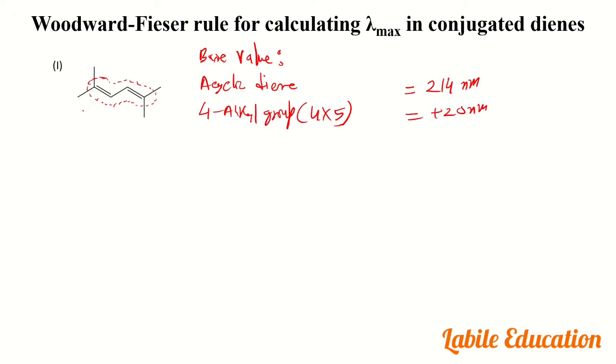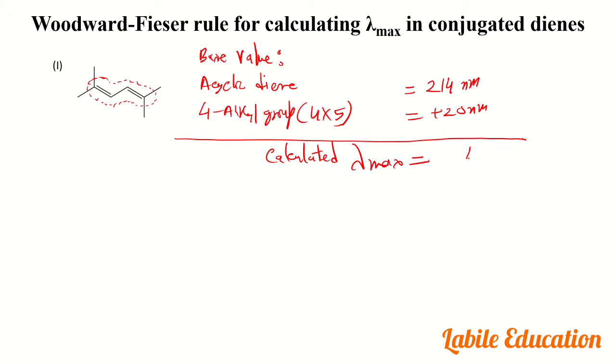Because there is no cycle, there is no exocyclic double bond and there is no extra double bond, so no extended conjugation. So the calculated lambda max will be 234 nanometer.